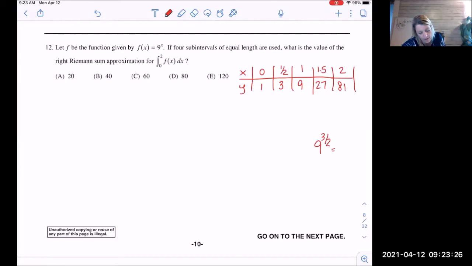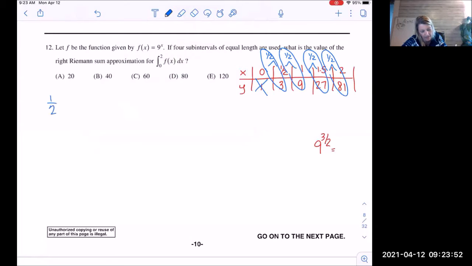So that's probably what I would have done, is create the table so that you can do the right Riemann sum. So if we do the right Riemann sum, we need the difference here. So these are all 1/2 times the right side of the rectangle. So this one's going to be 1/2 times 81, 1/2 times 27, 1/2 times 9, 1/2 times 3, and we don't use the left height.